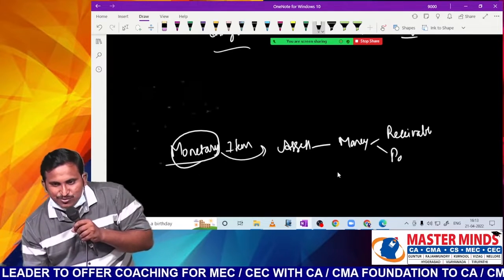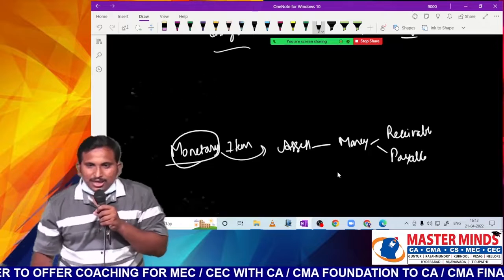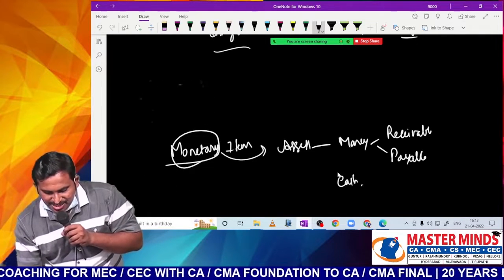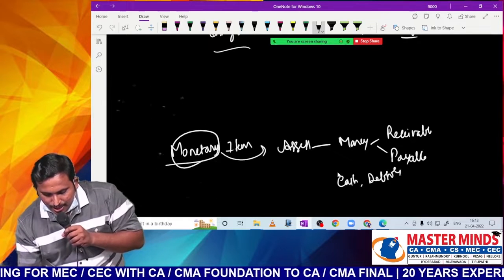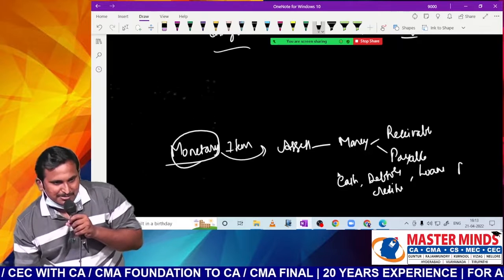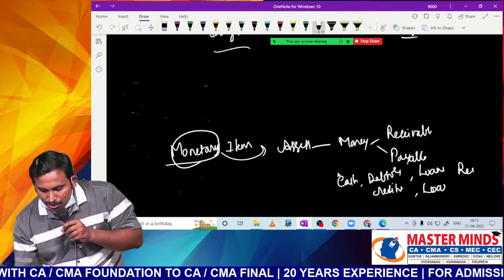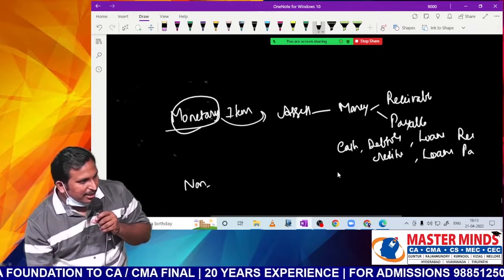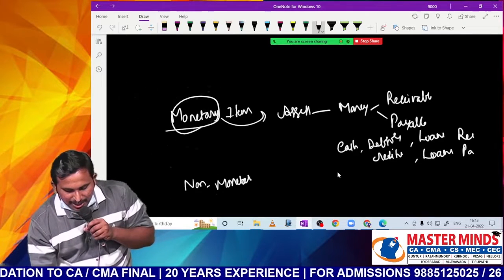That means cash will be monetary. Similarly, debtors will be monetary, creditors will be monetary. Usually cash, debtors, creditors, loans receivable, loans payable. So these are the monetary items, usually. Now all other items which cannot be exactly expressed in terms of money are called non-monetary items.